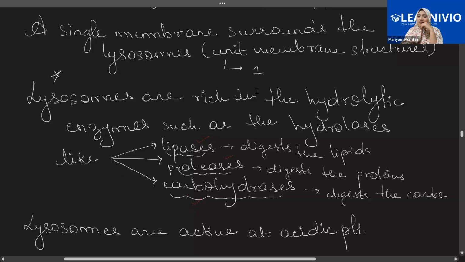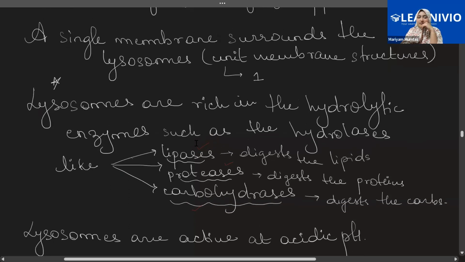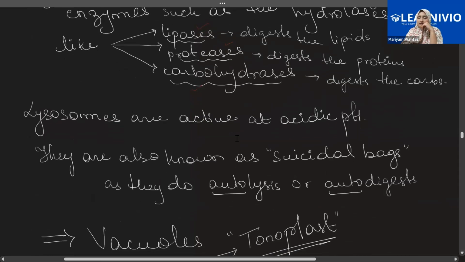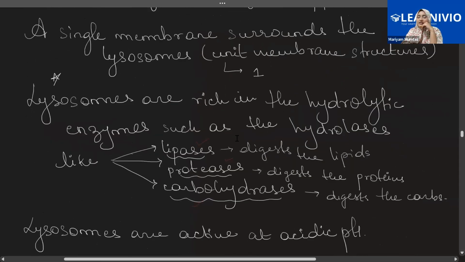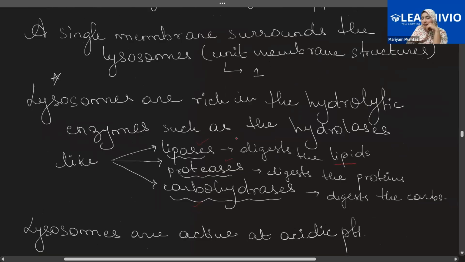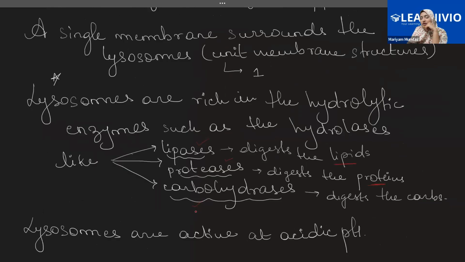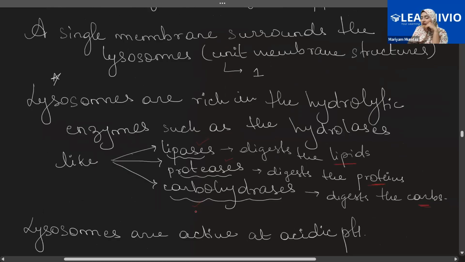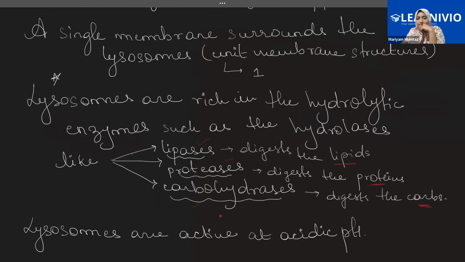Hydrolytic means in the presence of water, they'll cause lysis. Lysis means breakdown. Lipase breaks down the lipids in the presence of water, protease breaks down the proteins in the presence of water, carbohydrases break down the carbohydrates in the presence of water. So it breaks it down or digests it. Got it? Yes, ma'am.